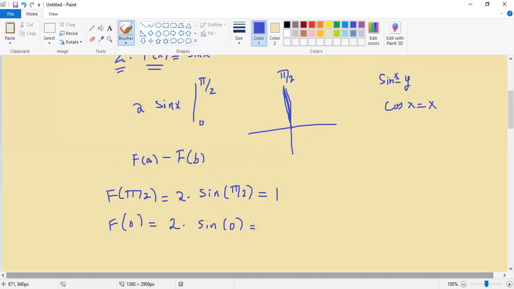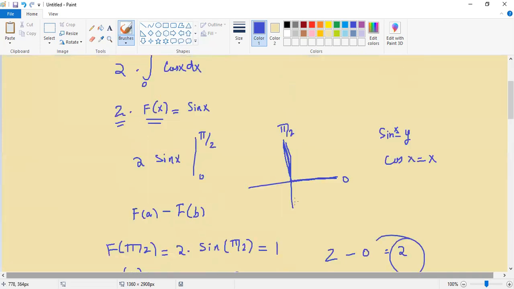And the y value at 0 degrees, which would be here, would be 0. So if we do 2 times 1, we get 2, and we subtract 2 times 0, or actually 2 minus 0, which is 2, and that is our final answer.